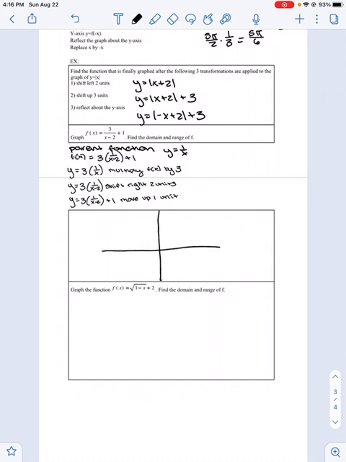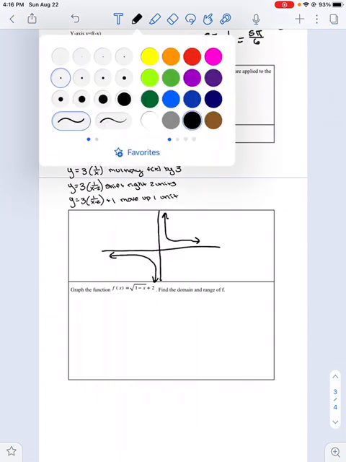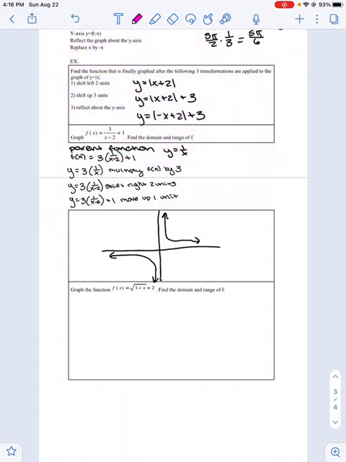So I'm going to start with our parent function, and I'll do that in black. Next, I'll do the multiply everything by 3 in pink. And it doesn't really change the graph all that much. It's just going to maybe give it a steeper slope.